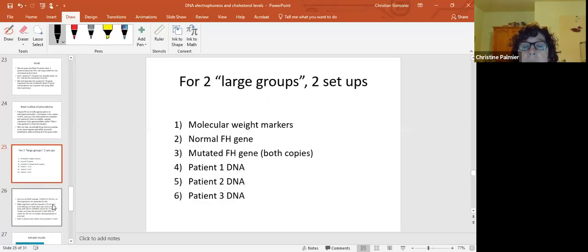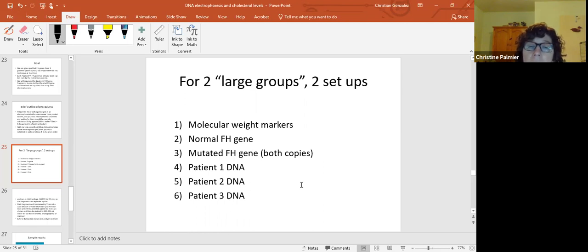But you would have been loading your samples on your gel, and those videos I pointed out earlier would show you how to load your gel, which is the semi-solid like Jell-O. And so sometimes they have a molecular weight standard, which helps you determine what size your genes are. And then as controls, they put the normal FH gene, which cannot be cut, and the mutated gene that can be cut into 2 pieces, plus the 3 patients.